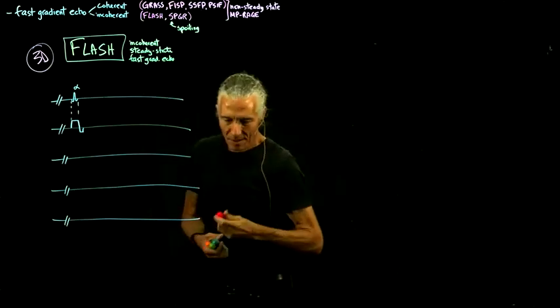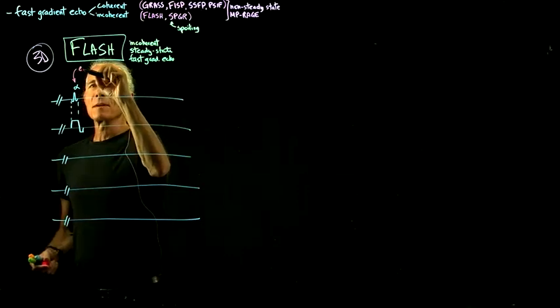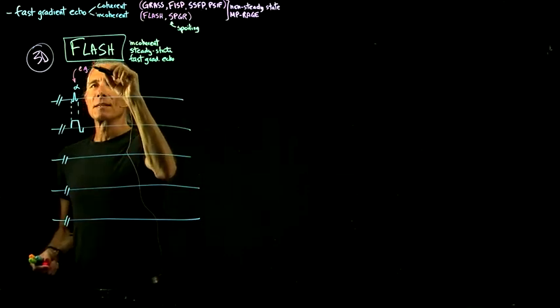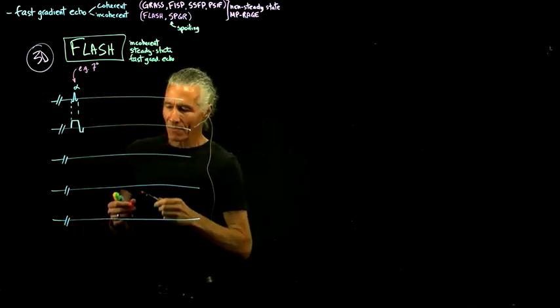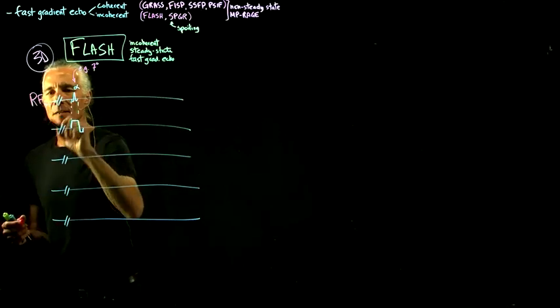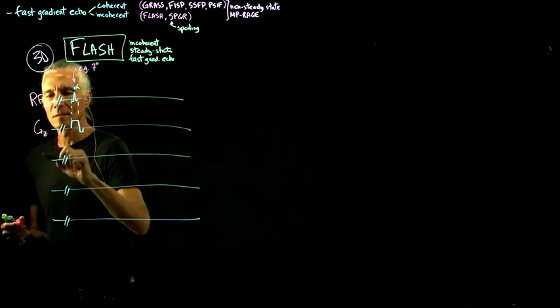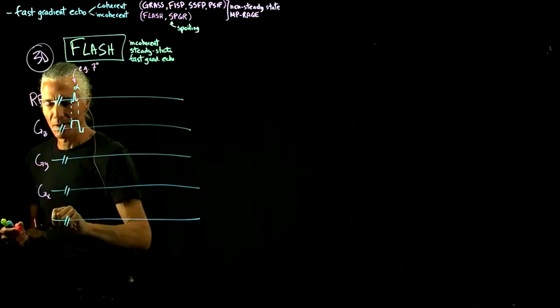And this guy might be a relatively low angle. So this is RF in, and here's the Z, Y and X gradient and RF out.